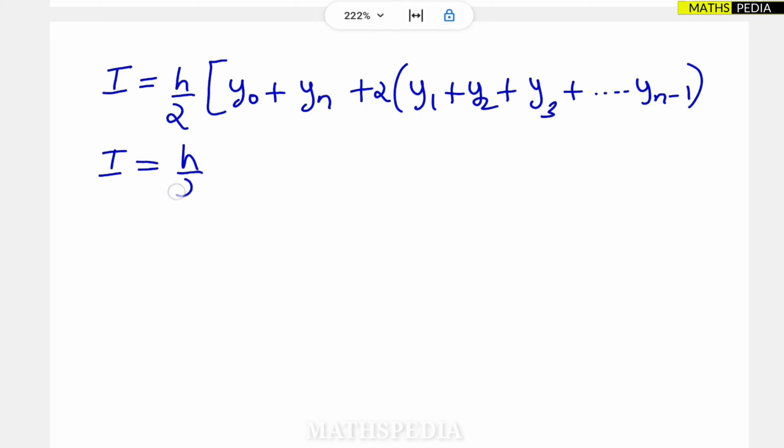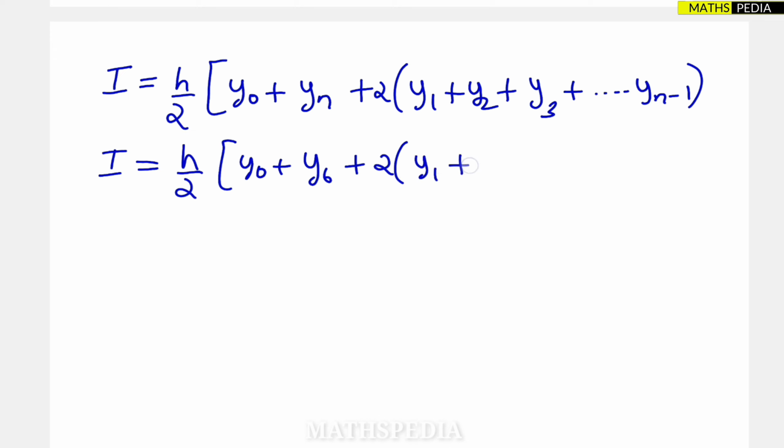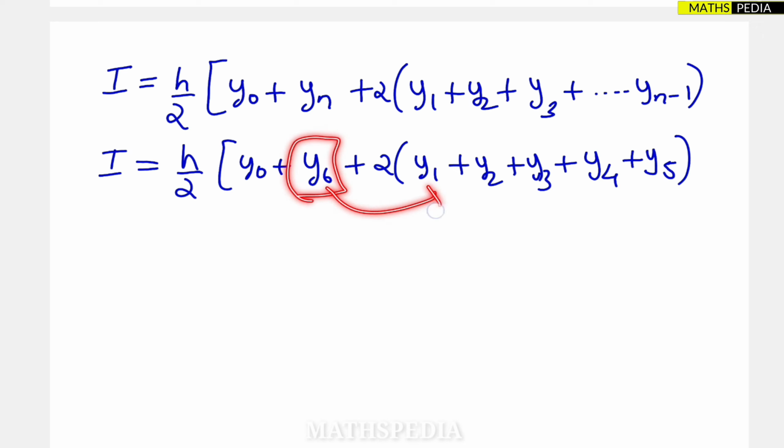So it will be h by 2 into y0 plus y6 plus 2 times of y1 plus y2 plus y3 plus y4 plus y5. You cannot write y6 again because it is the last term, and it is already written in the formula, so you cannot repeat it.